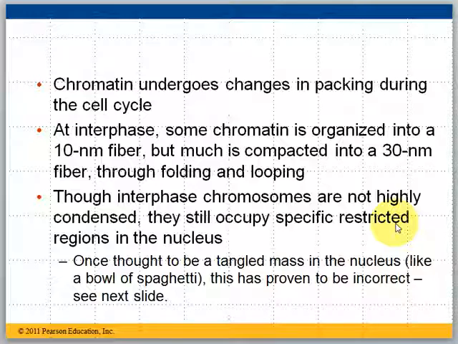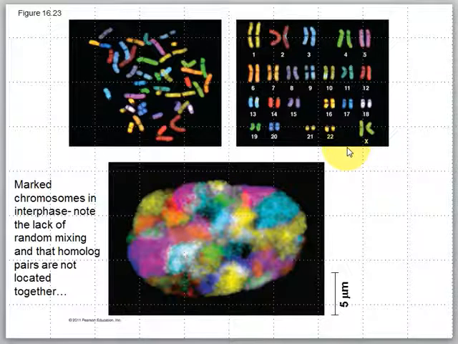It used to be thought that they were like a big bowl of spaghetti, a tangled mass inside the nucleus of all these chromosomes, and then somehow they all separated and then compacted to form what we see in metaphase. But that's not really true, and we'll take a look at a slide that shows how it's not just a mixed bowl of spaghetti noodles. Even in interphase, when they're not highly compacted, there's still some structure to the whole layout of the DNA molecules.